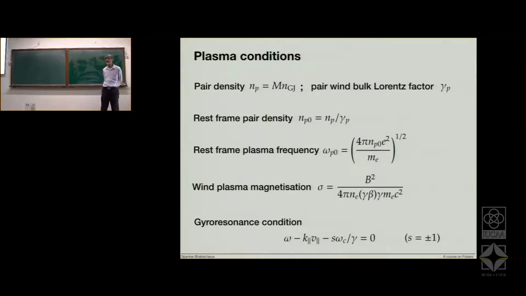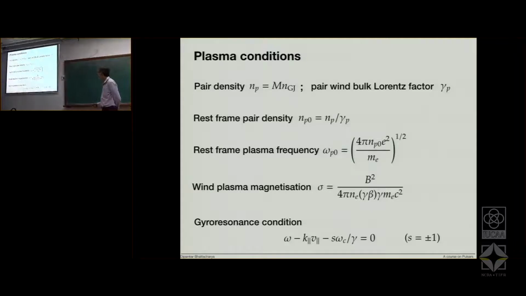So in the Doppler shifted thing, I can understand omega minus k parallel v parallel. Yes. But that omega c by gamma, how does that come? Omega c by gamma. This gamma is in the rest frame of the fluid. Gamma is the random motion. So you go to the rest frame of the fluid, but the particles are not at rest.